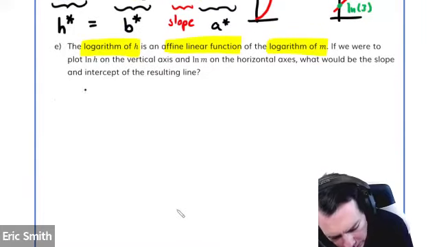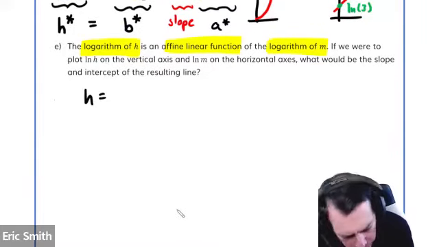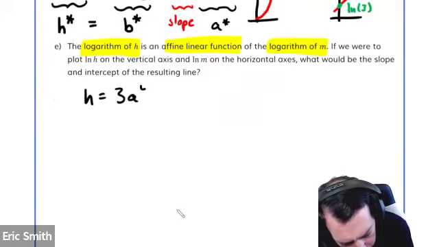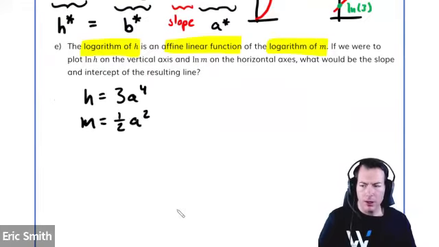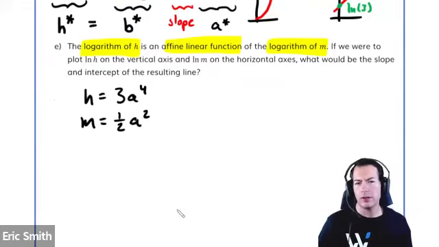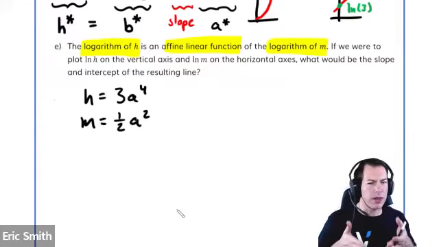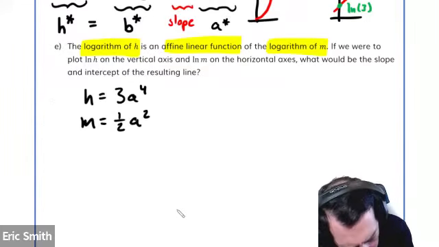So in terms of our happiness model, we know that happiness is equal to 3 times our mystery parameter to the 4th power. And for motivation, this was 1/2 mystery parameter squared. So if you wanted, you could take one of these and solve it directly for that mystery parameter A. I'm going to do this with the second one.